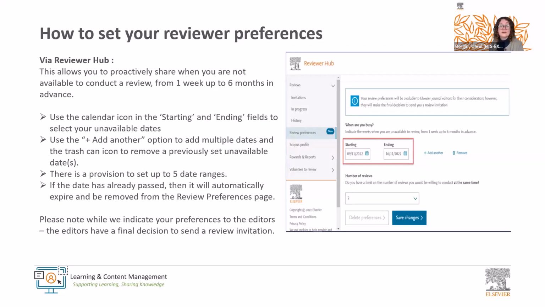And if the date has already passed, then it will automatically expire and it will be removed from the reviewer preferences page. And please note that while we indicate your preferences to the editors, and they'll see that when they come to try and invite you in Editorial Manager, the final decision does still rest with the editors. So even though you have done this, you may occasionally still receive a reviewer invitation if the editor has not seen this.